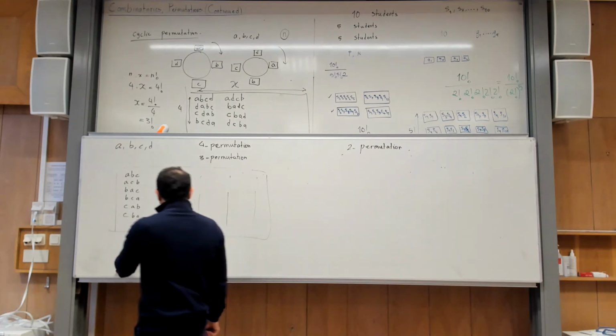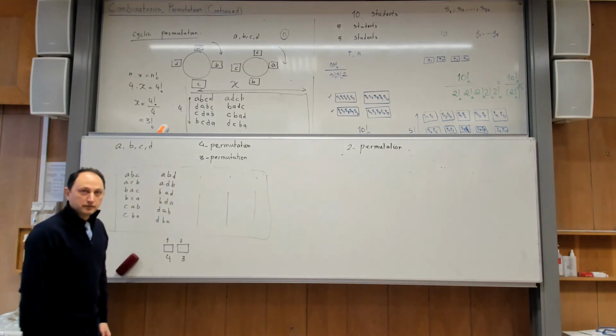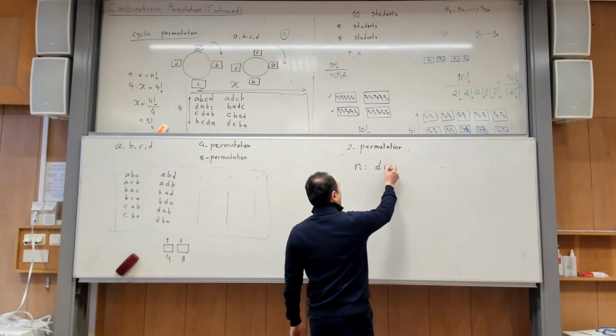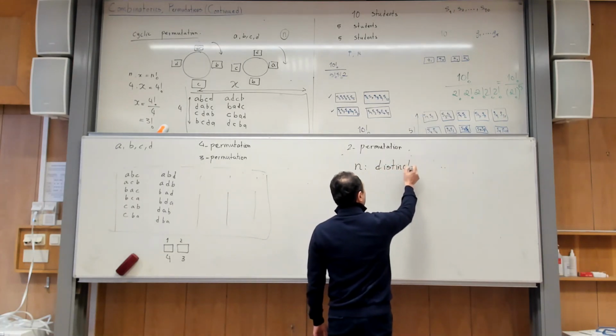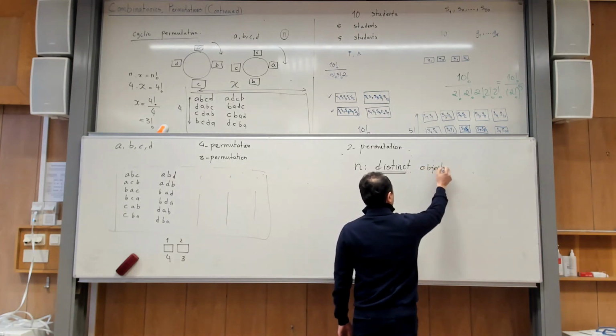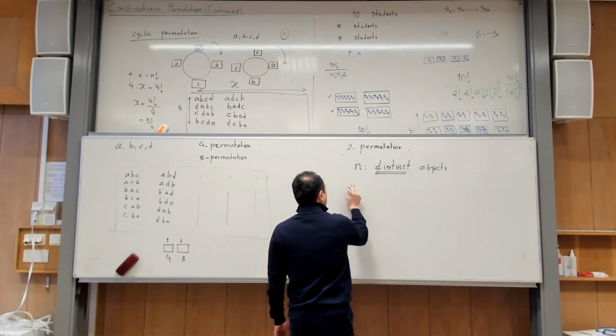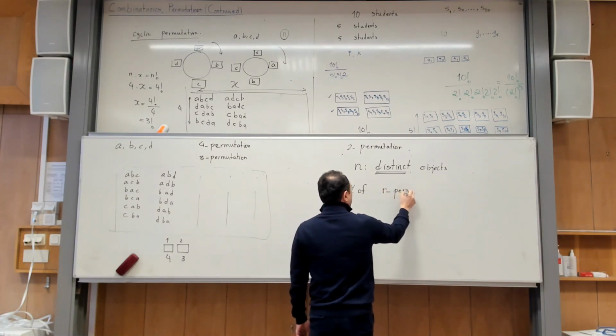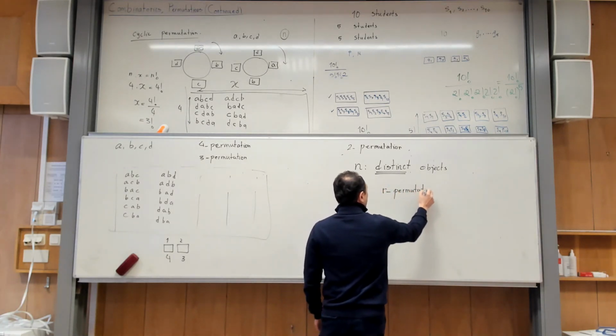Okay, now can you answer this question in general? I give you n distinct objects, and I ask you the total number of r permutations. What do I mean by r?